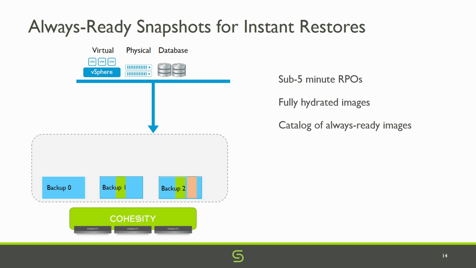And that matters because imagine that you get hit by a ransomware attack, for example, and you want to go back to the last known good point. We let you go back to that point instantaneously instead of having to go and rehydrate images. We also do this at scale, so you can recover hundreds of VMs in a few seconds, right, to any point in time.